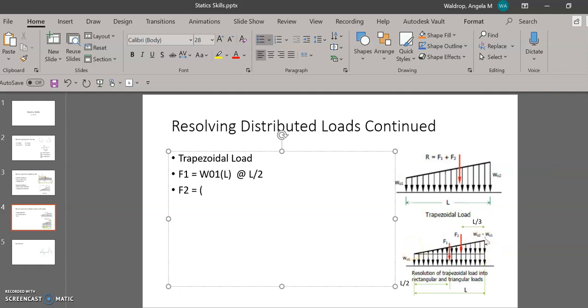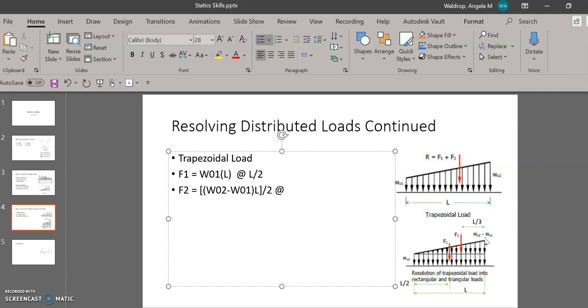So for the top, I've got to say WO2 minus WO1, okay? And I'm going to multiply it by L. And when I do that, I'm going to also have to divide the whole thing by 2 because it is a triangle, okay?